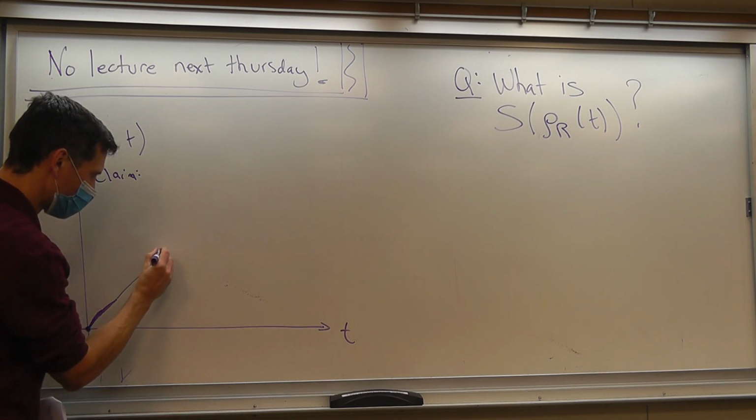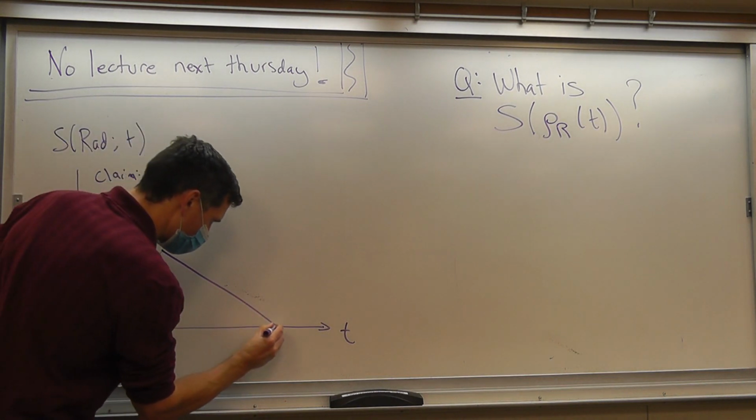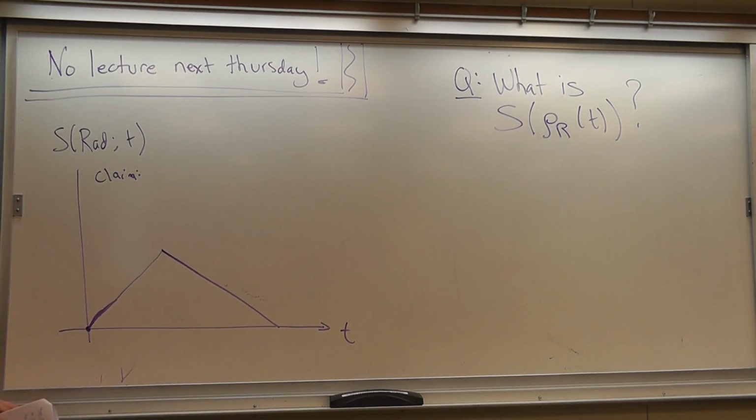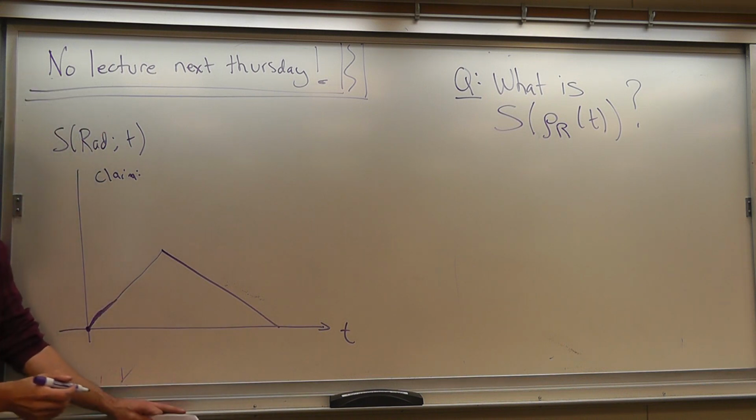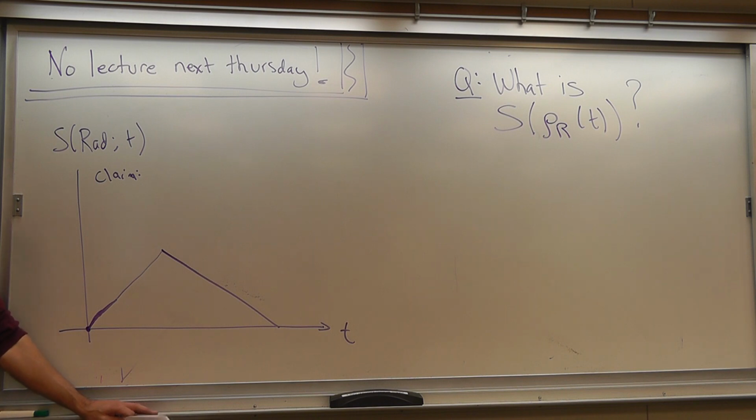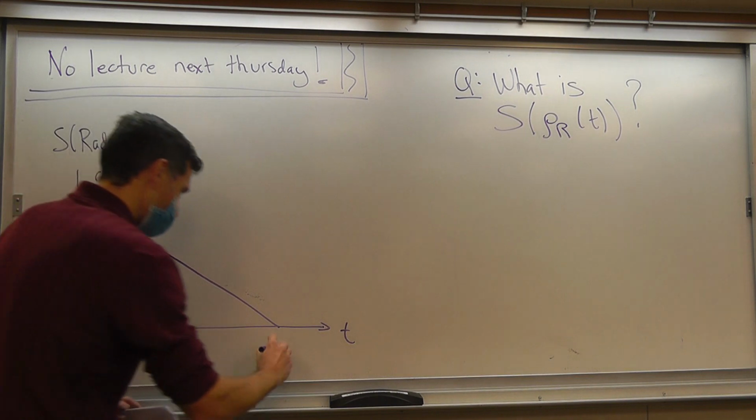But eventually, it turns over and goes back down to 0. The fact that it goes back to 0 is easy to understand. Eventually all of the qubits go from the black hole into the radiation. So this is when the black hole is gone.